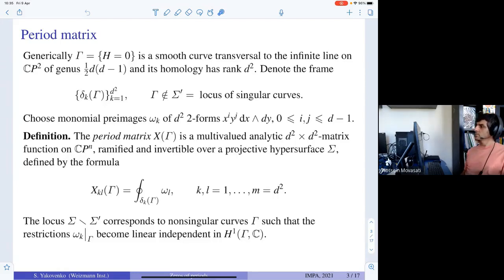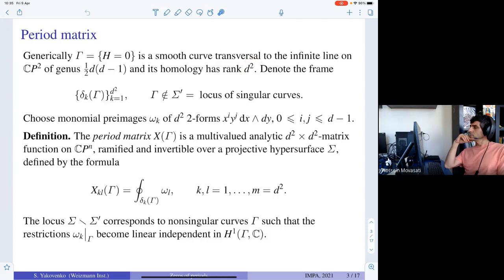But generically, and I stress here generically, an affine curve is a smooth curve transversal to the infinite line. And we know by classical theorems that this curve has genus like this after projective compactification. And because of the points at infinity, we need to also add a few small loops around the punctures at infinity. So altogether, the homology has rank d square.